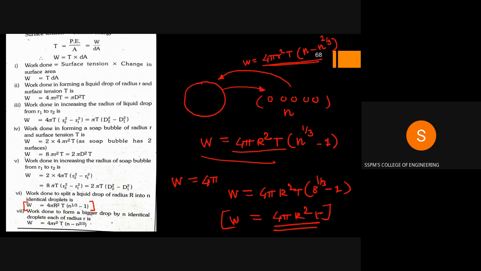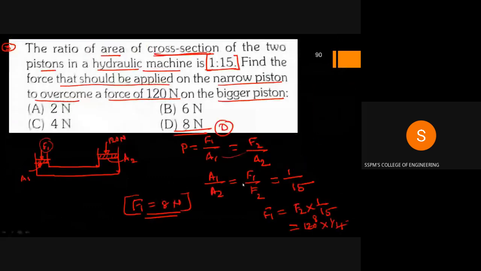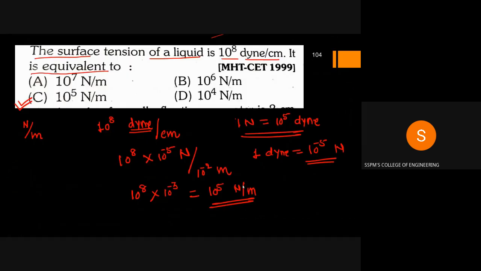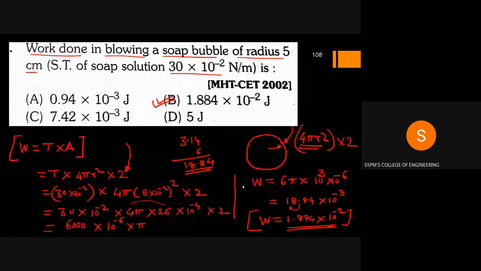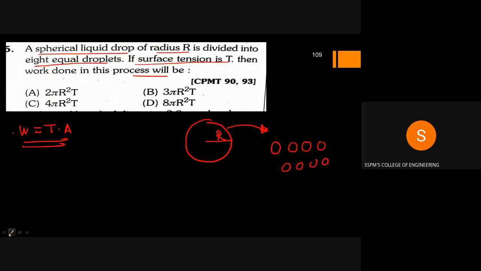So the answer is 4 pi r square into T, and the correct option is option C.